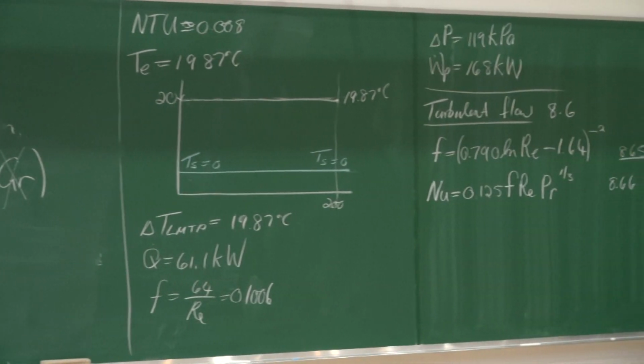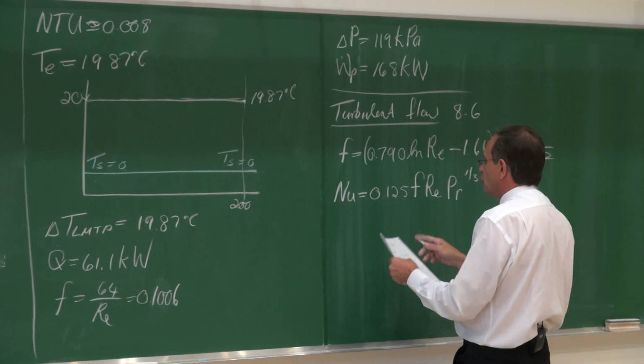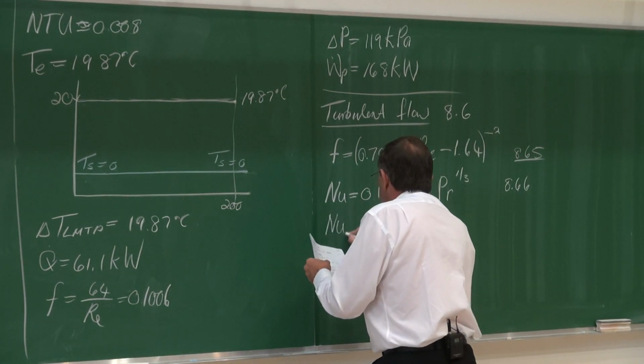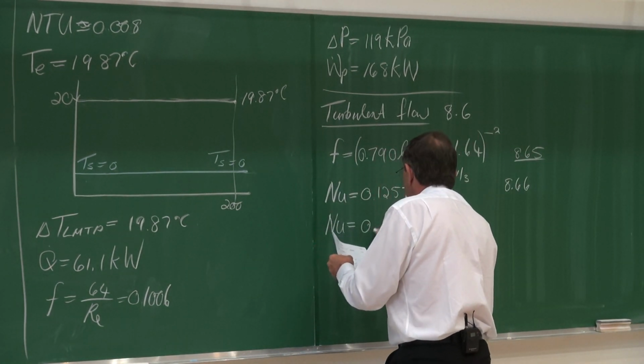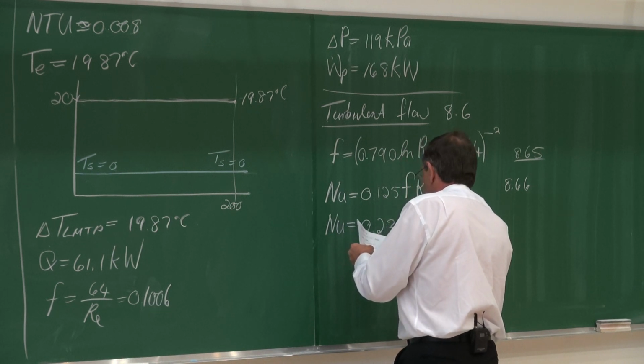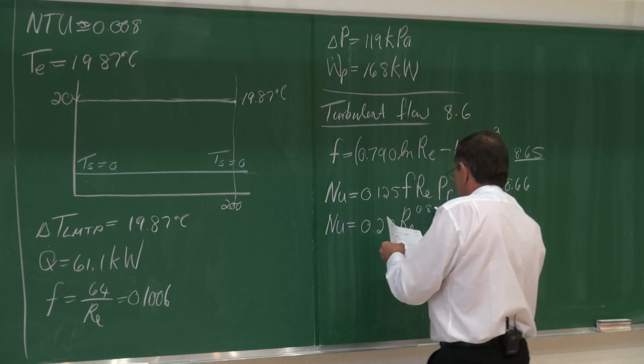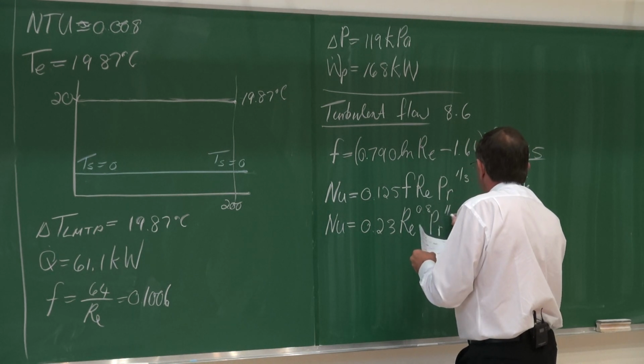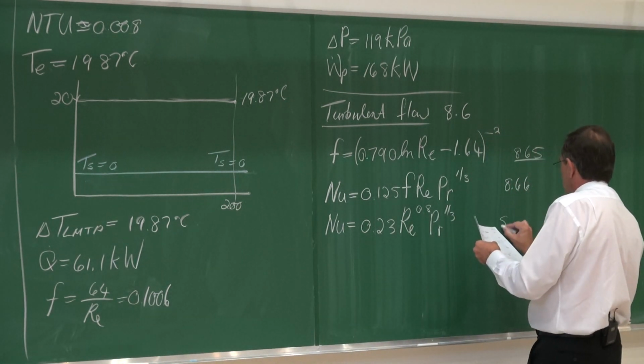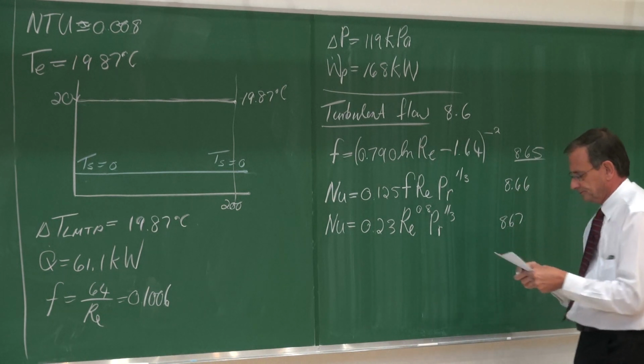Then, the next one is called the Colburn equation. The Colburn equation is Nusselt number equal to 0.023 multiplied by Reynolds to the 0.8, Prandtl to the third, and that is equation 8.67.